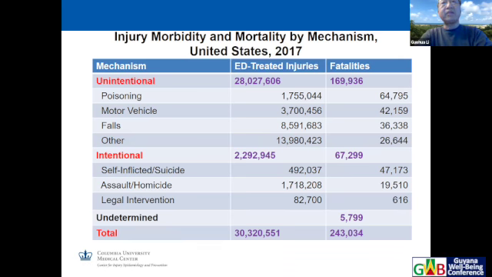So this is what we're talking about when we say injury, morbidity, and mortality. And here are some data from the United States in 2017. Now it's 2021. The data have changed for some causes of injury, but overall the morbidity and mortality profile remains virtually the same.